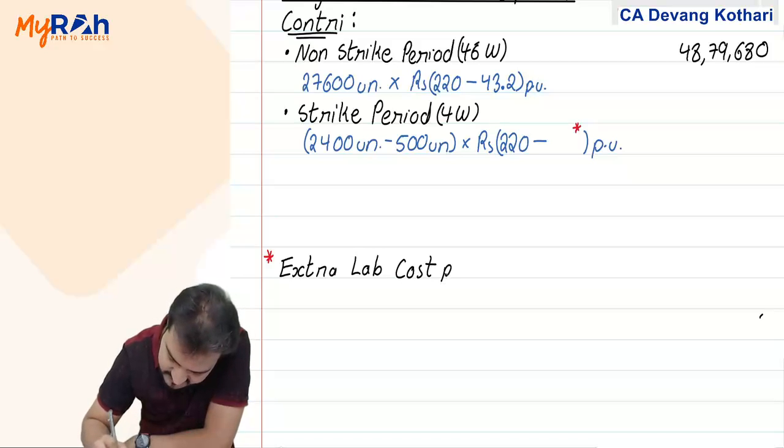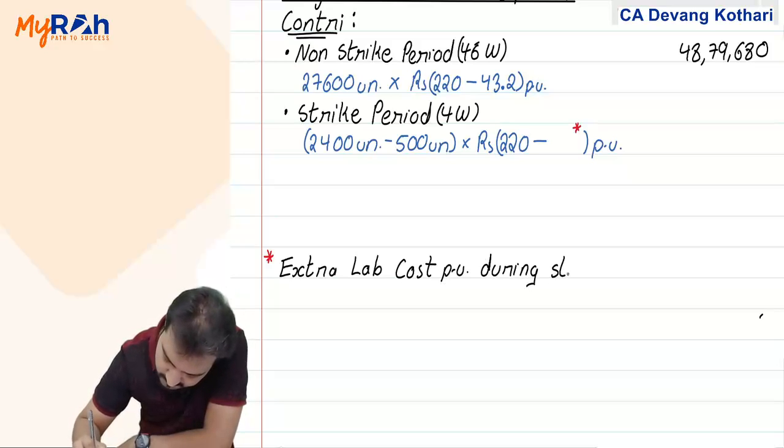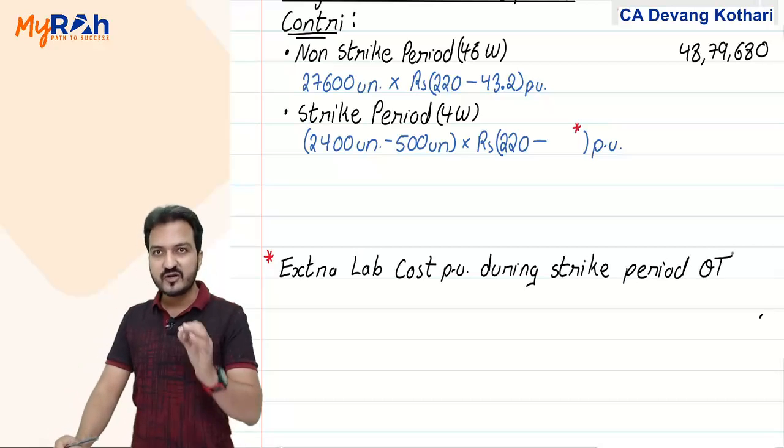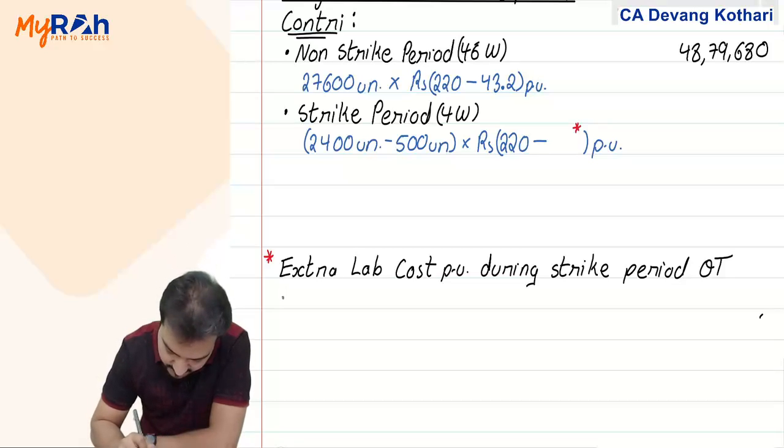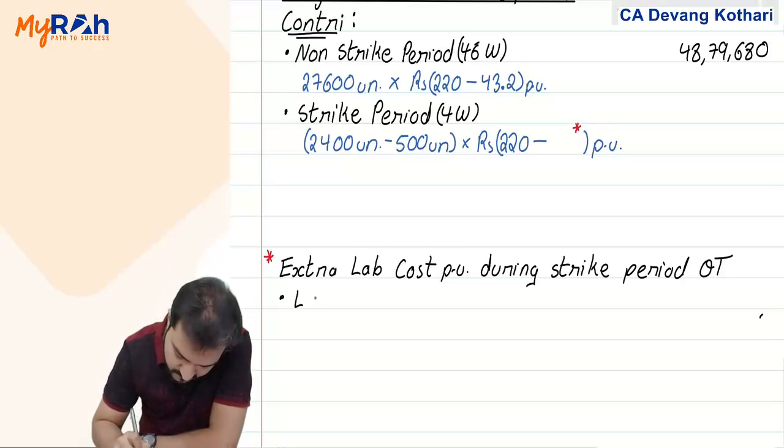Extra labor cost per unit during strike period overtime. So during this period, what is the new labor cost that I must have paid?